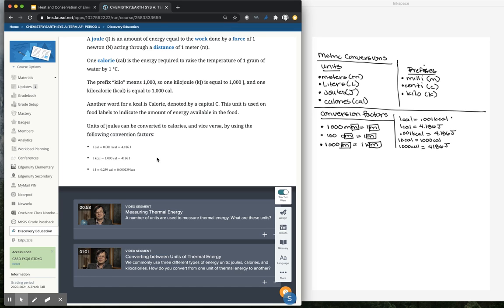Lastly, we have 1 joule equaling 0.239 calories. And then we can also go 1 joule is equal to 0.000239 kilocalories, right? So those are the different conversion factors that we're going to be using today with the problems that I will demonstrate.